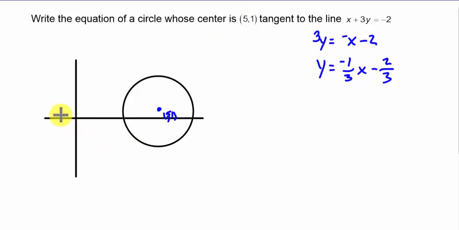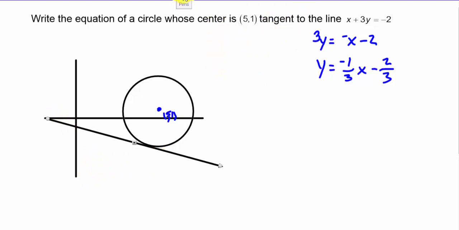It's going to be a negative sloping line that has a y-intercept of 2/3, and it's going to be tangent. So it's going to be something like this, rough. And I'll just extend this line a little bit, like so.